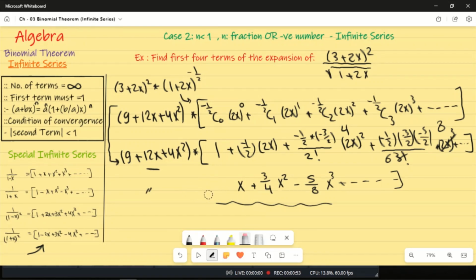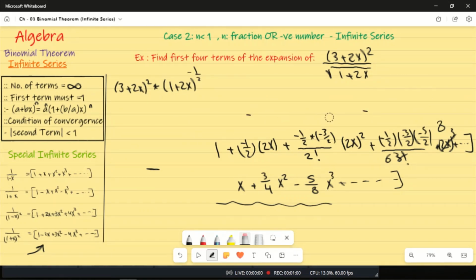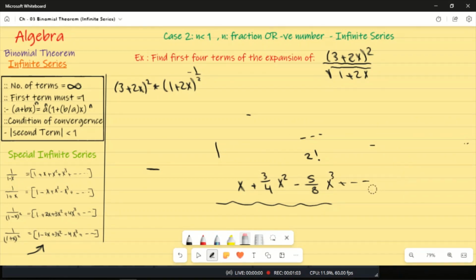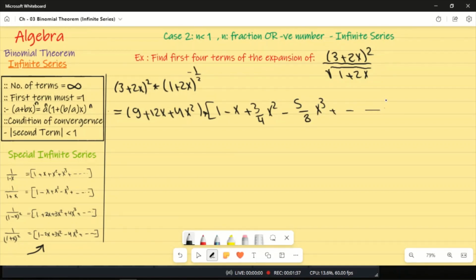Just clear and rewrite this here. This equals 9 plus x plus 4x squared into 1 minus x plus x squared minus 5 by 8 cubic x plus our completion.